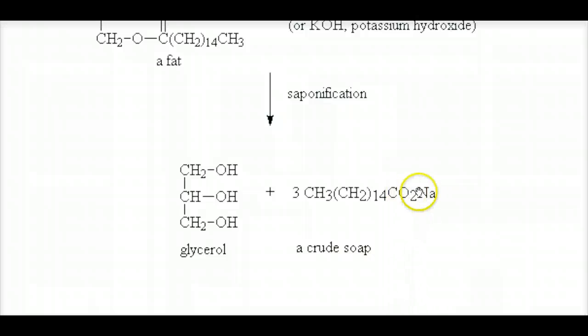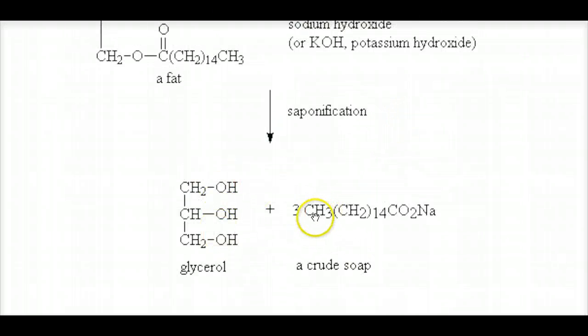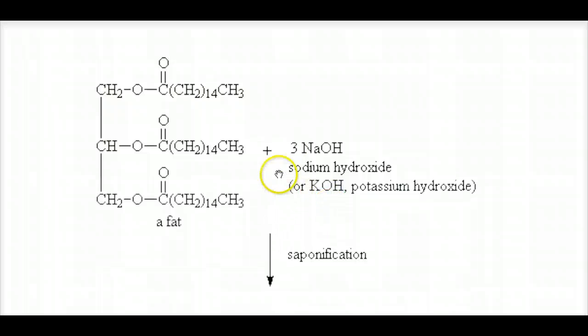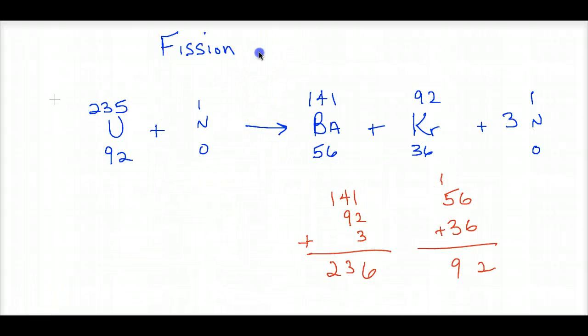It's got a COO group and a negative charge, a very polar end and a non-polar end. So polar that it reacts with the water, the negatives and positives interact with the water, the hydrophilic end, and the hydrophobic end, which is the soap molecule, and the glycerol. So you're going to reform the glycerol, and you're going to have the soap molecule, the 3 fatty acids that are now the conjugate bases with the Na plus at the end. So you see some funkiness, and you're making the glycerol. It's basically, can you identify it? That's saponification.